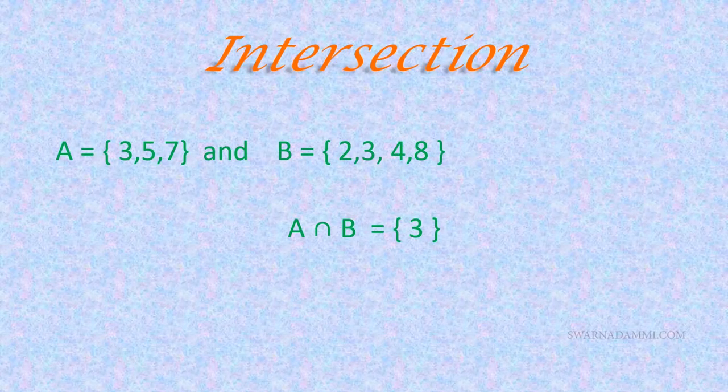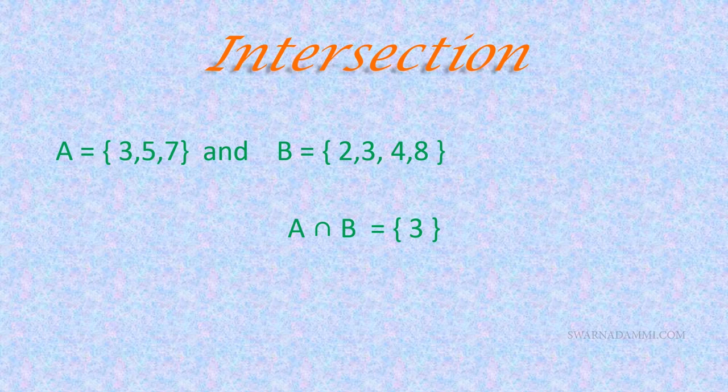Intersection: elements belonging to both A and B. In the previous example, we found the union of sets, giving us elements belonging to A or B or to both A and B. That is symbolized A union B. But here, elements belonging to both A and B are symbolized by A intersection B. We can use the same examples to realize the concept.